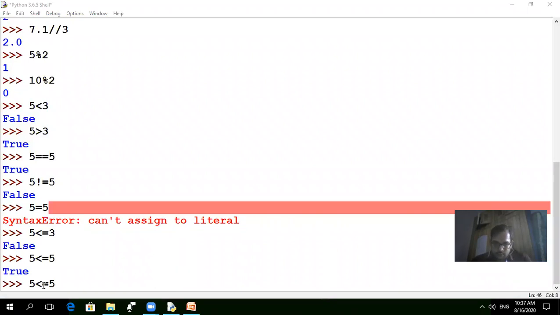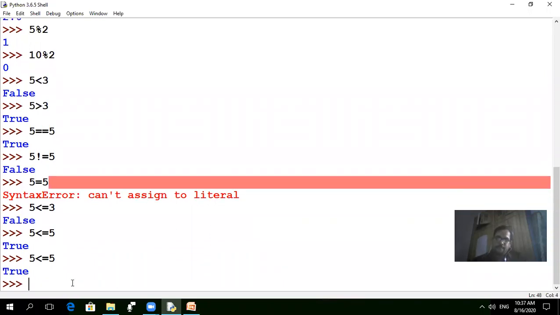According to this equal sign, this condition is true. This time it is equal, so according to that, it is true. Clear?